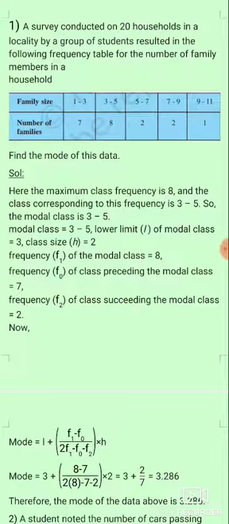And f2 is the succeeding class frequency. So 3 plus (8 minus 7) by (2 into 8 minus 7 minus 2) into 2.